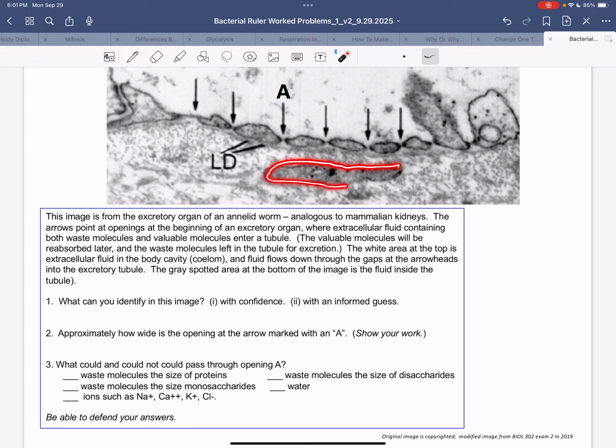This looks vaguely like it could be a mitochondrion, but it doesn't really have the parallel lines we might expect. It's probably some structure that's just part of this cell. So with confidence, the only thing I can identify is these membranes.